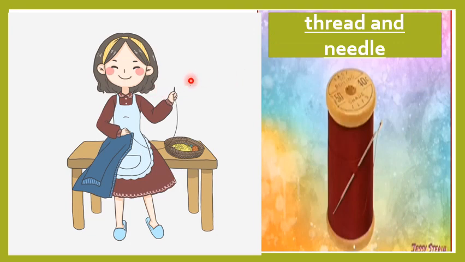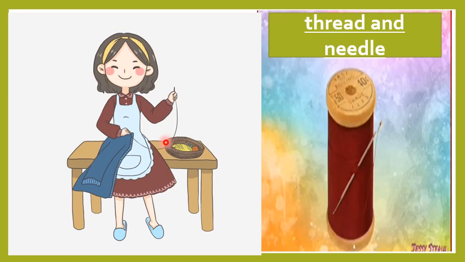Children, you must have seen your mother stitching a button on your shirt, isn't it? Then mother uses a needle and thread to stitch a button. This is a needle and this is thread. But children, imagine mother has a needle only.